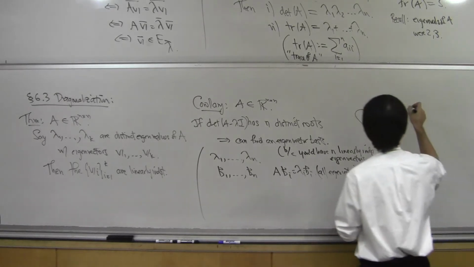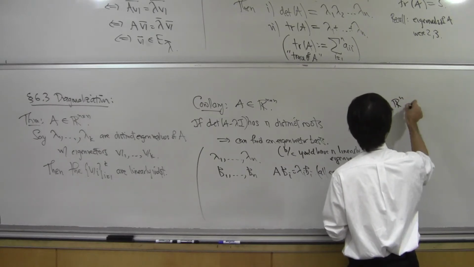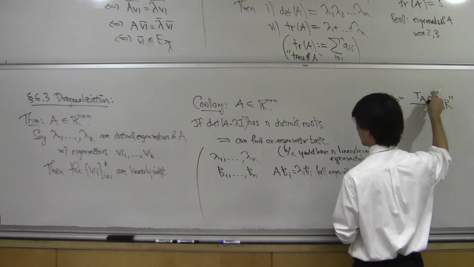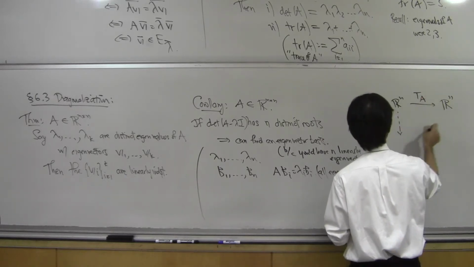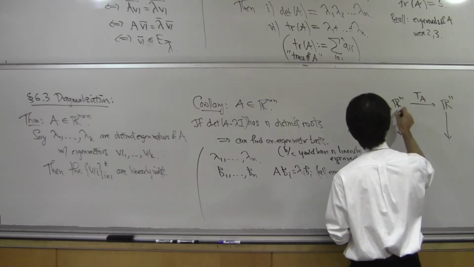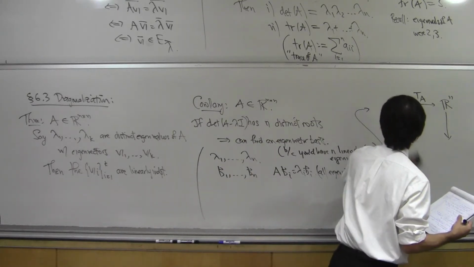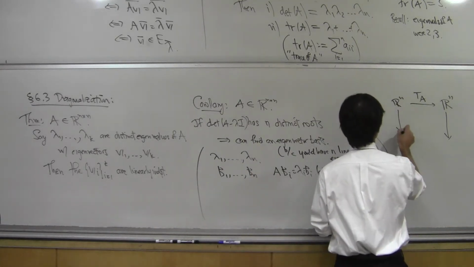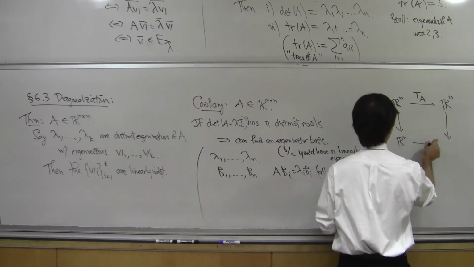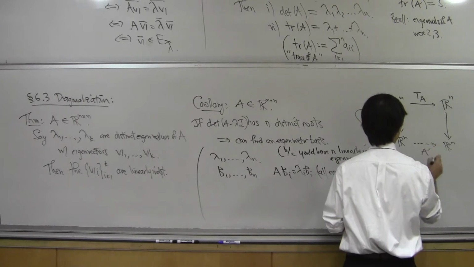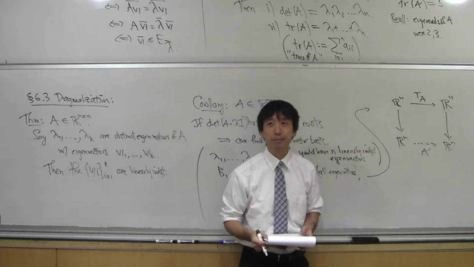Because you know what's going to happen. You've got R^n, you've got your matrix A, and then you get your matrix representation A prime, say.